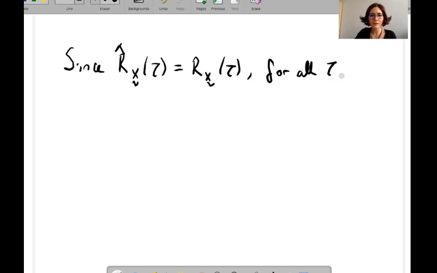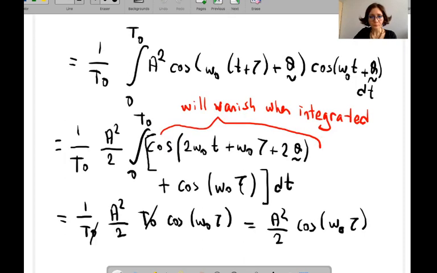So since this is equal for all tau, and also for any realization of the process, right? Again, what changed from one realization of the process to another? This value of theta is what changes between two realizations. But whatever realization I take, whatever theta value I take, I obtain the same result, right?